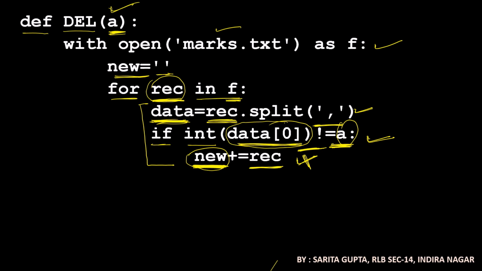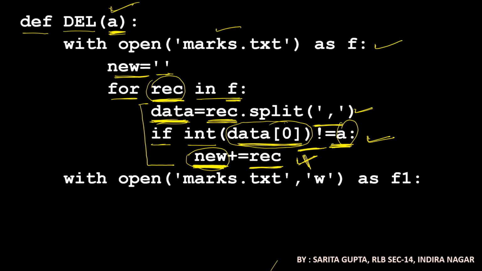Next, we'll write the value of this variable new onto the file marks.txt by opening it again in write mode. So after the with block, opening the file marks.txt again in write mode using any other file object and writing onto it the value of new.